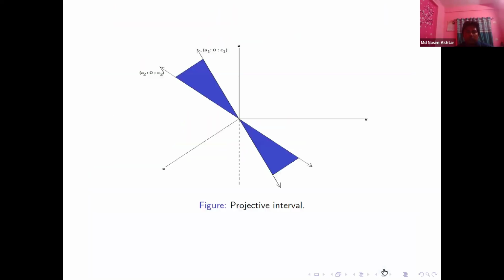So this is the picture. Any line in between these two lines. One may think why we have not considered the other portion, but we cannot take it, because then there are lines which are on the xy plane, which is not in the domain. So we cannot consider this side or this side. So this is the projective interval.